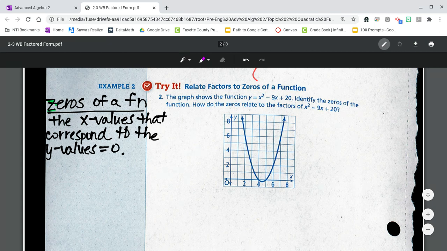In other words, on the graph, they're seen as x-intercepts. So if you can see the x-intercepts on a graph, you can see the zeros.